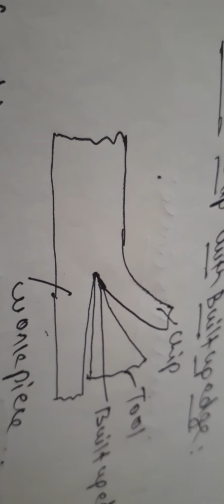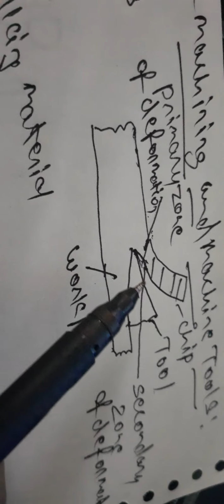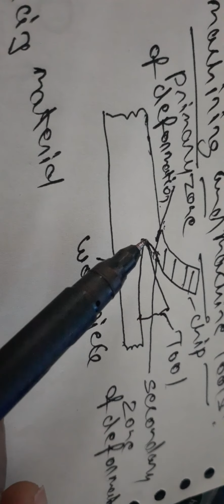And in the fundamentals of machining and machine tools, first of all, we will discuss continuous chips. Here in the sketch you all can see the slanting position of the chip, or a curve, and at the wedge or edge point where my pen point is, that is the primary zone of deformation.